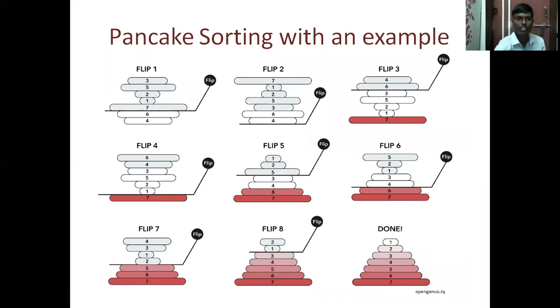From 3 to 7 I want to do a flip, because as we all know, I'm sorting in ascending order, so 7 should be the last element. First we will flip 7 to the top and 3 to the bottom, and we'll reverse the whole list.